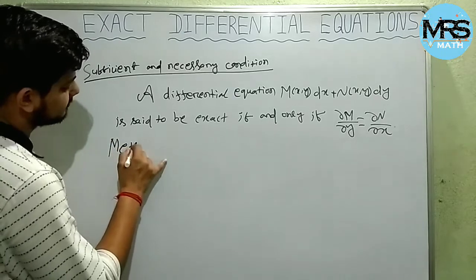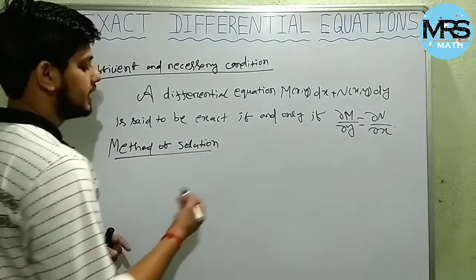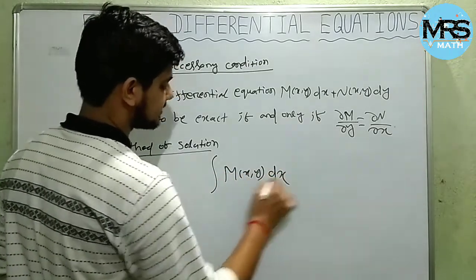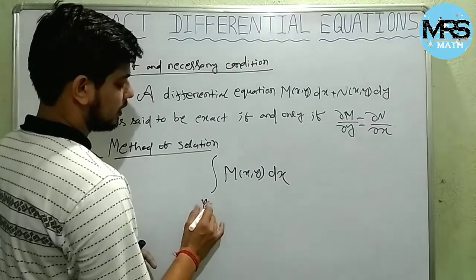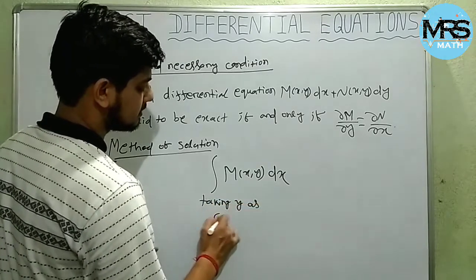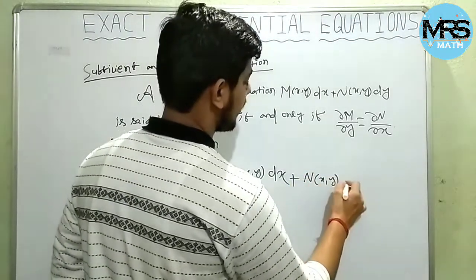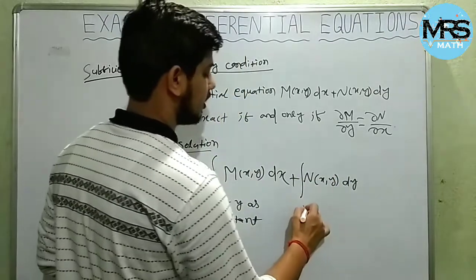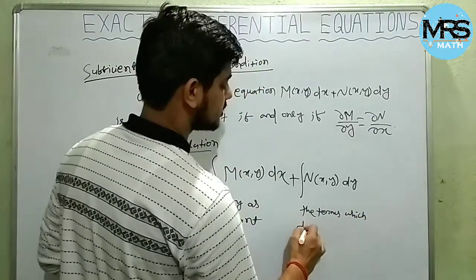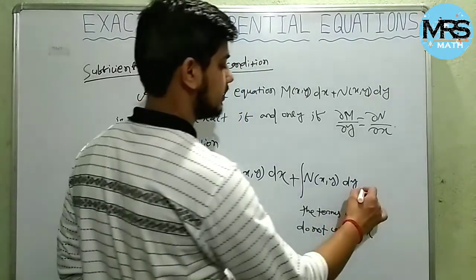Okay students, here we will do: integrate M(x, y) dx, taking y as constant, plus the integral of the terms of N(x, y) which do not contain x, dy, equal to c.